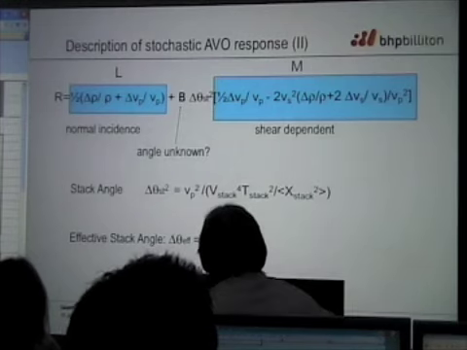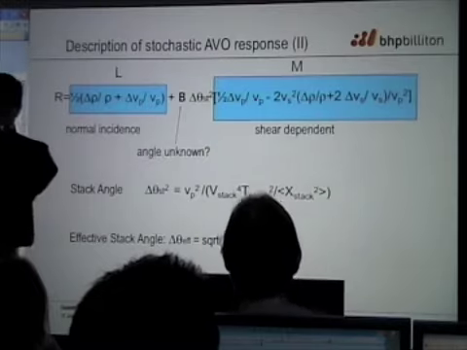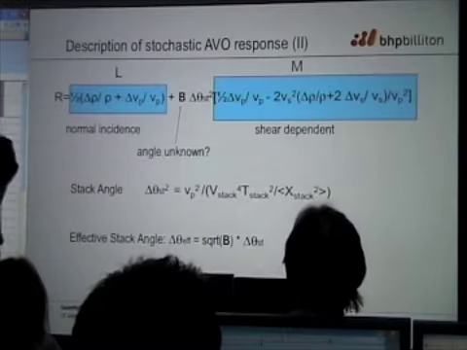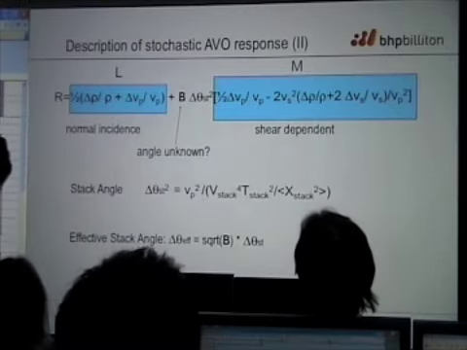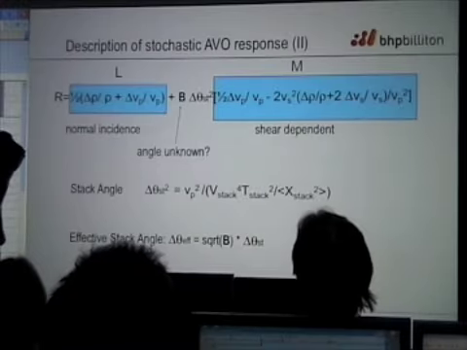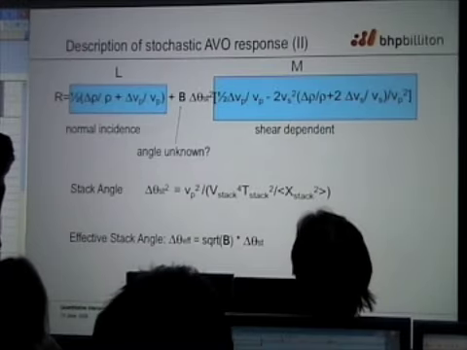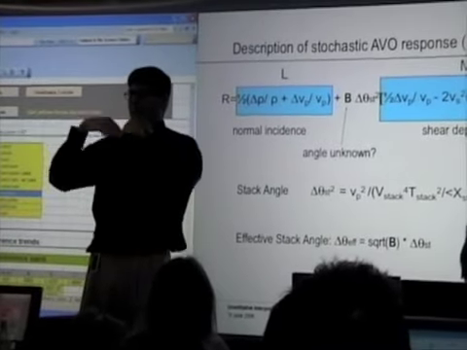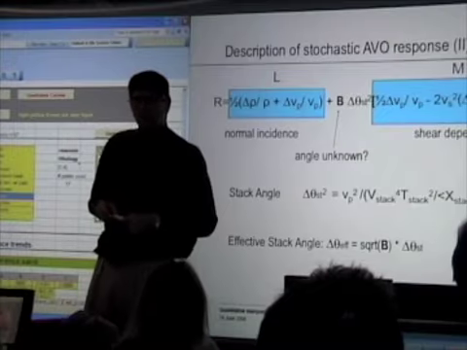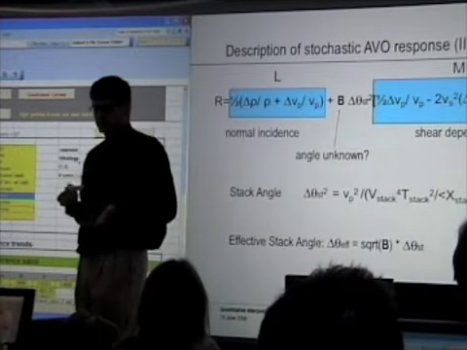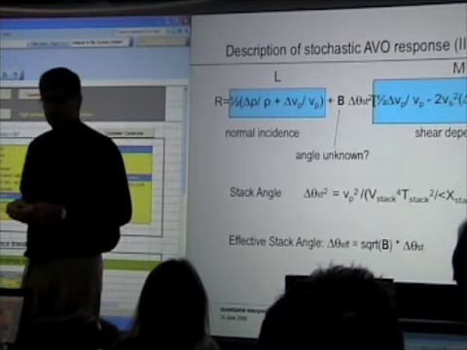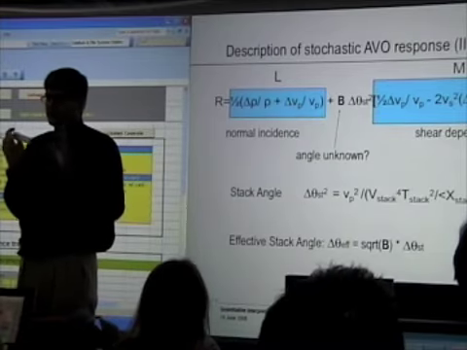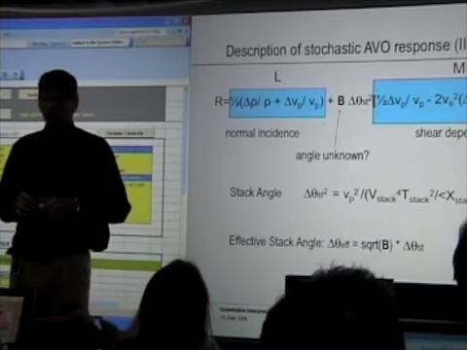Let's get to the reflection from one of these interfaces, and also the reflection as a function of the angle of the reflection. So we're going to make it a little bit more complicated now. We're not only going to have that normal incidence that David talked about in his first lecture, but we're going to allow it to be at an angle. The approximation we use is a fairly simple one.